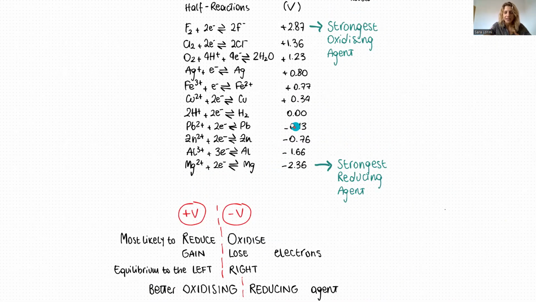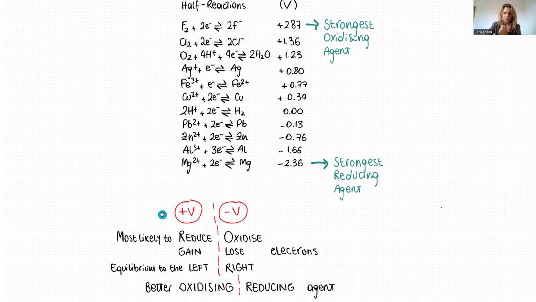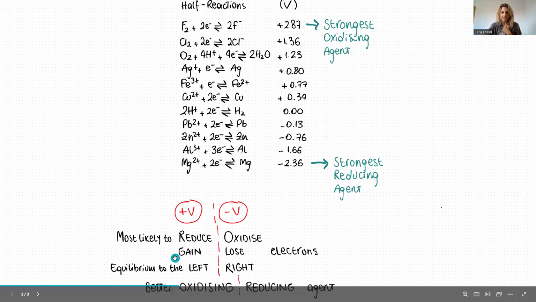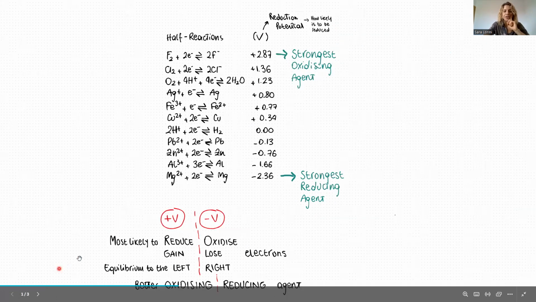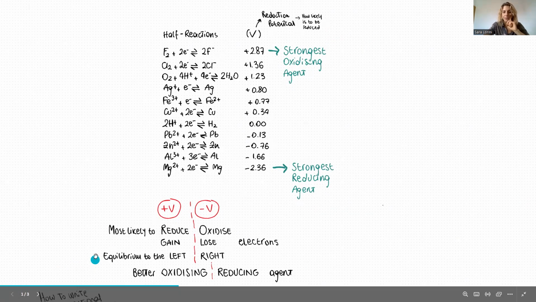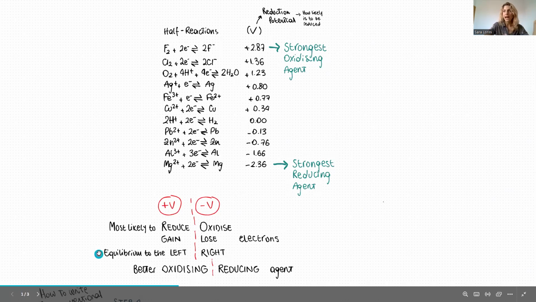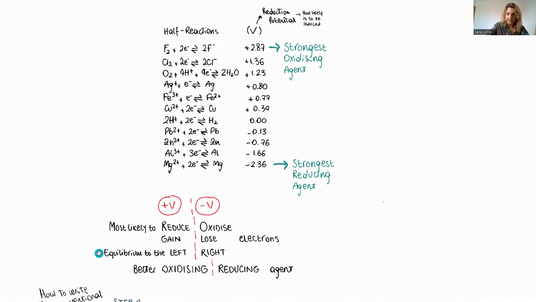The more positive the electropotential, the more likely it is to be reduced, more likely to gain electrons. This means, and we need to learn to describe this in terms of equilibrium, that the equilibrium will lie on the left-hand side.